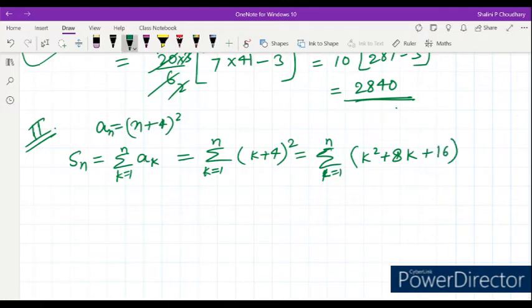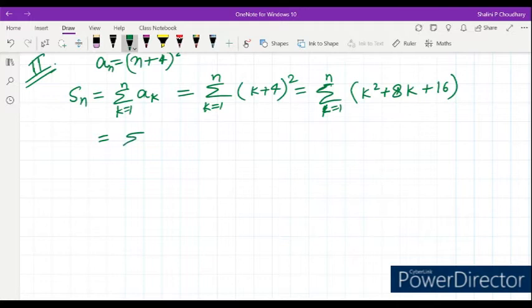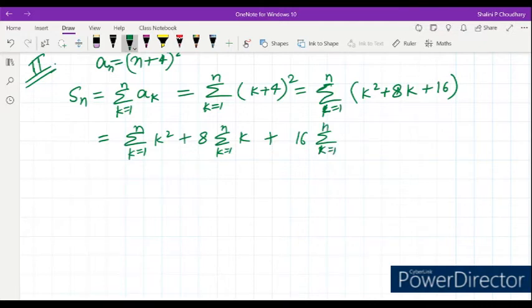Now we'll break this. When we break this, we get summation of k is equal to 1 to n of k square plus 8 into summation of k is equal to 1 to n of k plus 16 times summation of k is equal to 1 to n of 1.